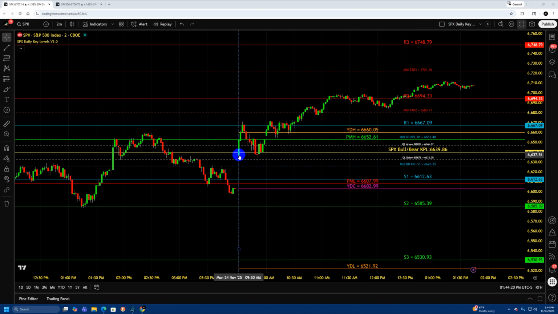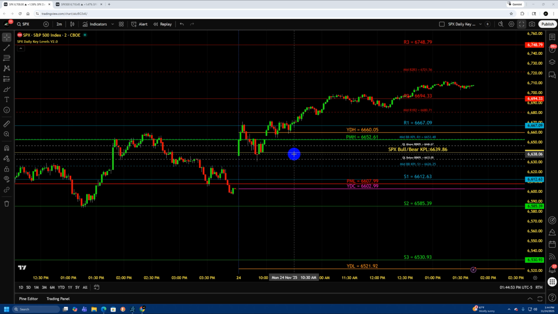The standard option play for a bullish entry signal off of the bull bear KPL is an at the money call strike closest to the price of the current session's bull bear KPL. In this case, a 66.40 strike is the closest to 66.3986, so your standard play is a 66.40 call option.